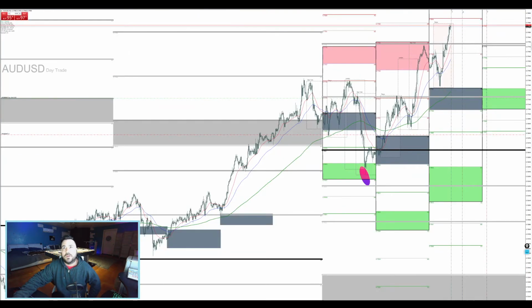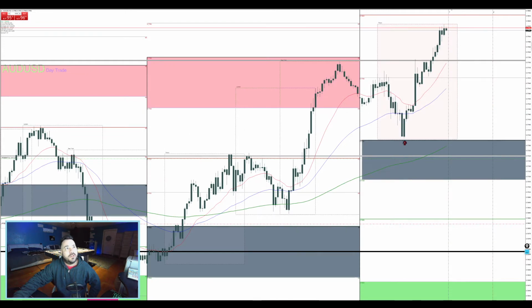Let's take a better look at this here. Yeah, so these need to start triggering. Let's do this here. How far away anyways did that come? It came 1 pip away. So yeah, I usually put in two spreads up.